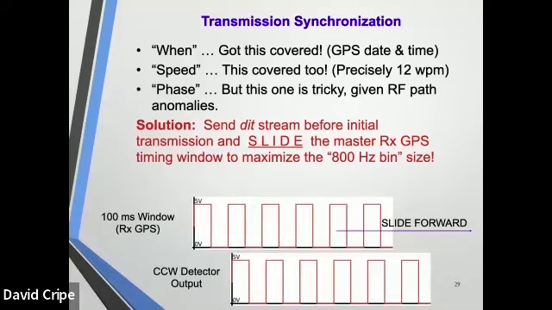So I'm able to slide my window forward by adding small increments of, let's just say, 1 millisecond, 2 milliseconds to my standard waveform to shift my waveform forward until I maximize the signal overlap, hence maximize the signal.